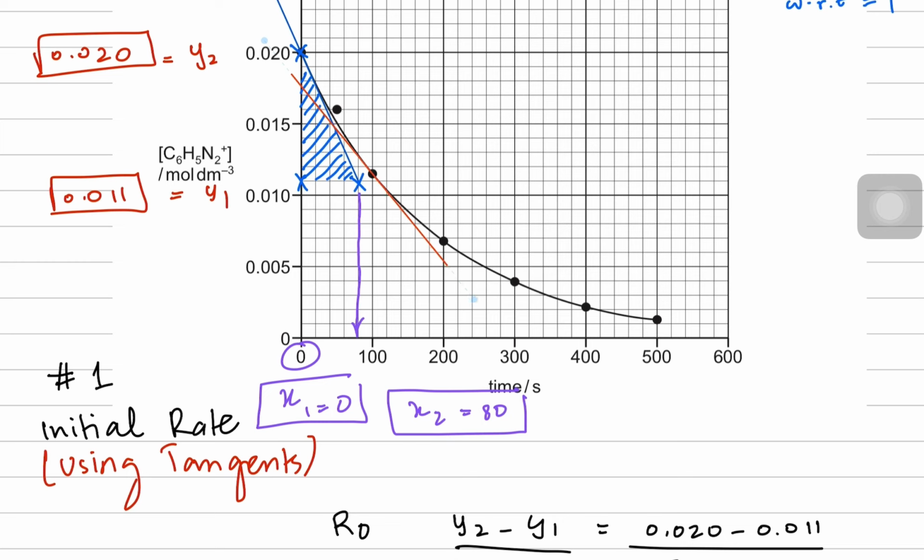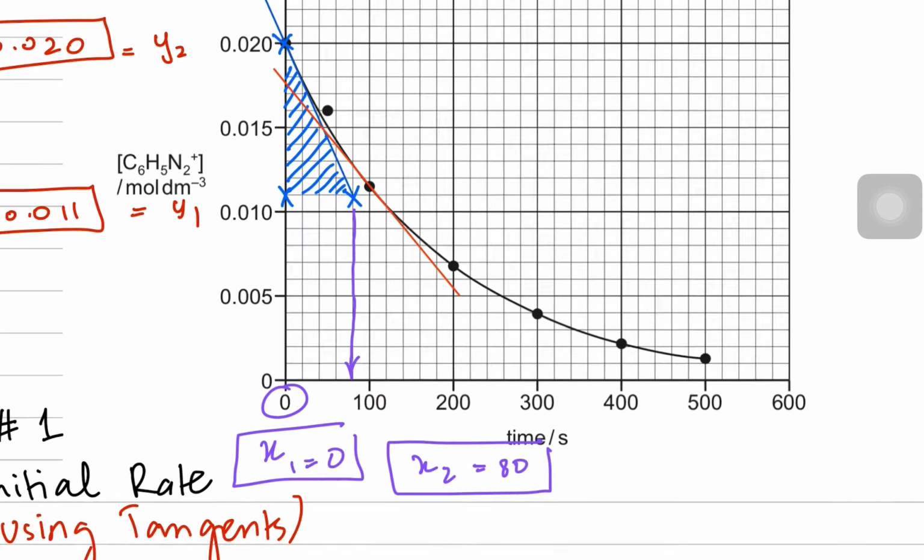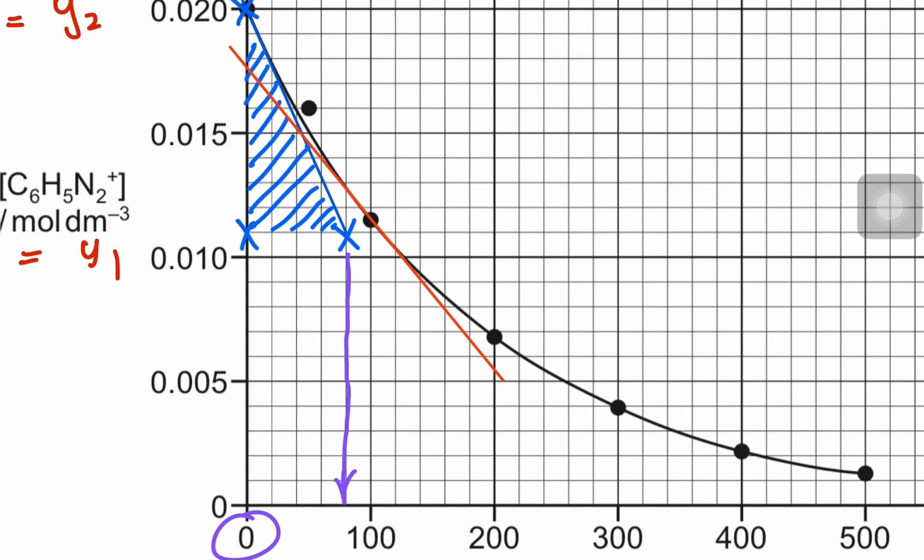Now at the 100th second, I will draw another tangent with a red line. For this tangent also, I will have two y points and two x points. Once your tangent is drawn correctly, let's find some specific points which we can read easily.